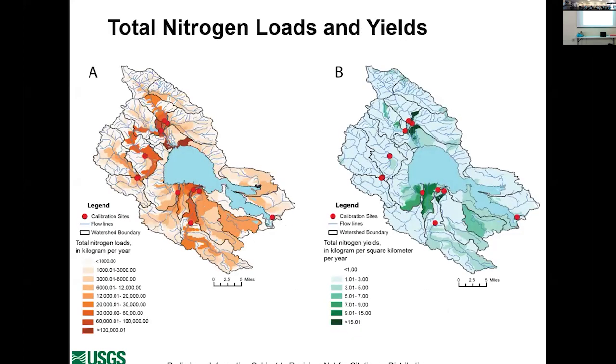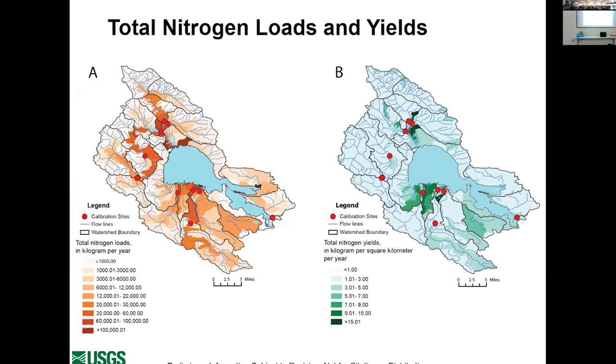This slide shows a spatial distribution of the load that was estimated by SPARROW. To the left is the same thing that we saw on the bar graph before, as a total, without dividing into the sources, the total nitrogen load in the watershed, right? But I wanted you to look at plot number B. That's the yield.